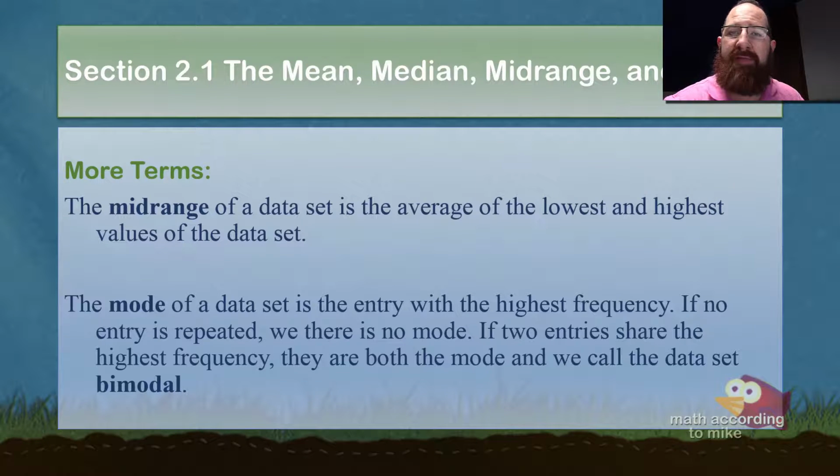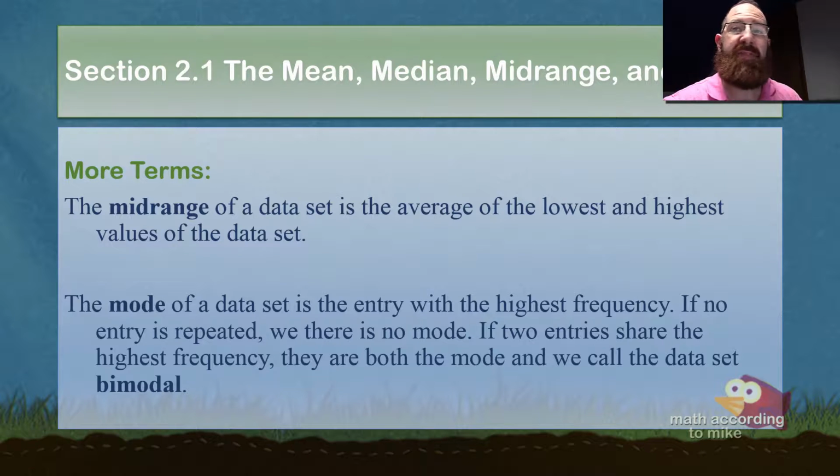Well, going back to that video, you'll notice that the smallest number there was 22 and the largest number there was 100. So 22 plus 100 is 122. Divided by 2 is 61. So the mid-range for the set, 87, 78, 73, yada yada, would have been 61.